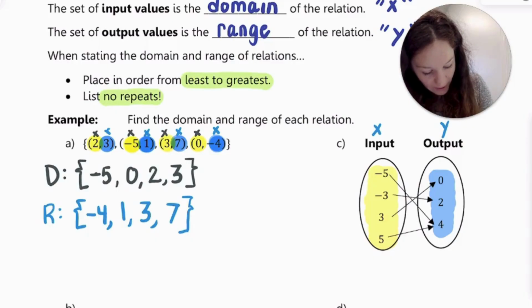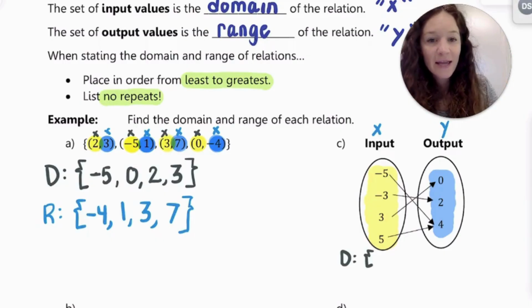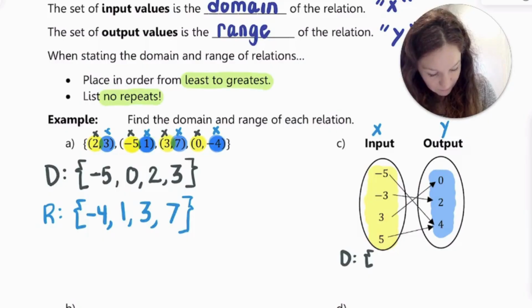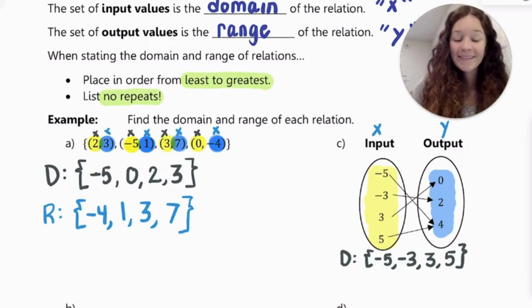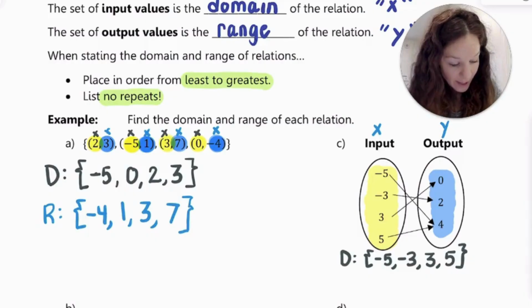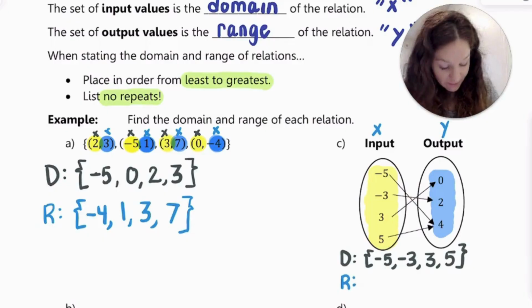So our domain here, we're just going down, -5, -3, 3, and 5. Okay, and for our range, same thing.